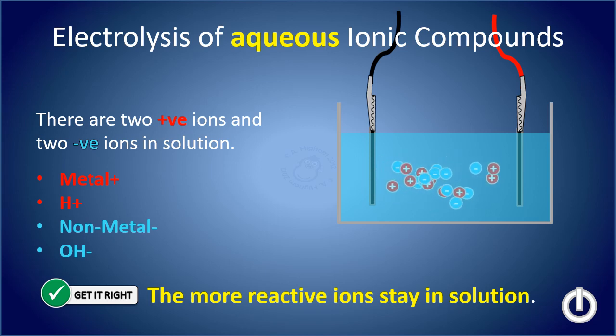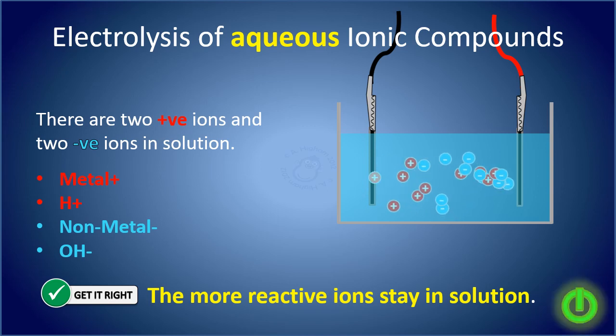So if we apply the current, we would see that some ions move and migrate, and others will stay in solution. Eventually, when this animation finishes, we should end up with a few ions lurking about in solution, and they would be the more reactive ions. We'll have a look at that in a minute when we think about the reactivity series, because it's all bundled together.